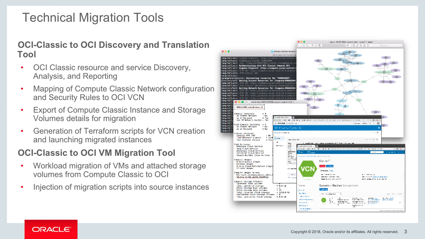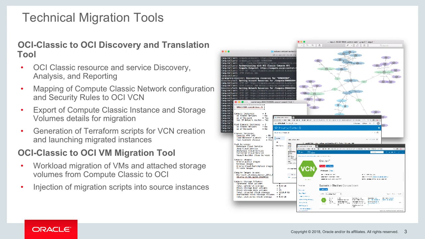With the data provided by the tool, you can map your Compute Classic network configuration and security rules to OCI VCN. Using this tool, you can export the Compute Classic instance and storage volume details for migration. And finally, you can generate Terraform scripts for VCN creation and launching migrated instances.